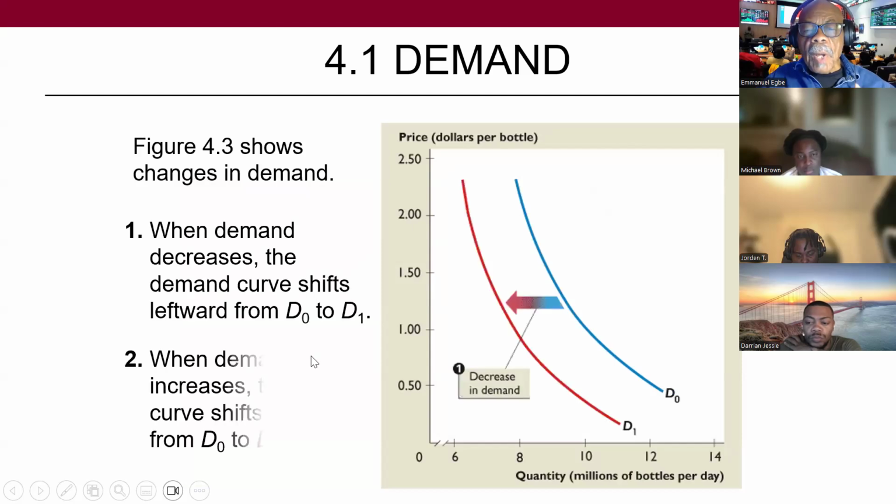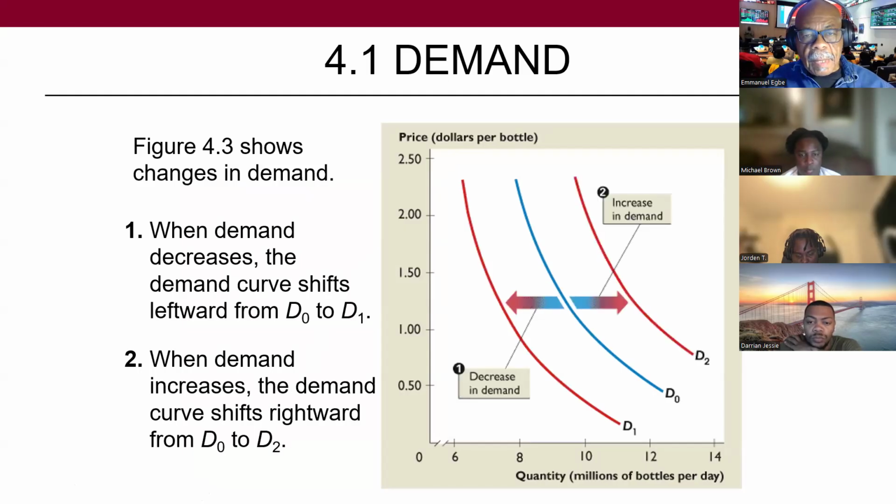All right. Now we have to differentiate between demand and quantity demanded. As you can see, demand depends on price, but also depends on other factors. For example, demand depends on income.